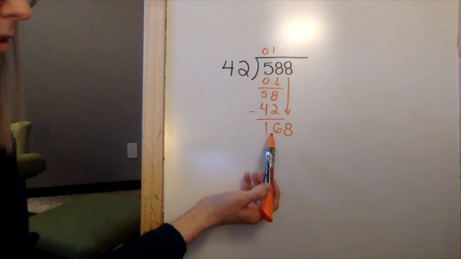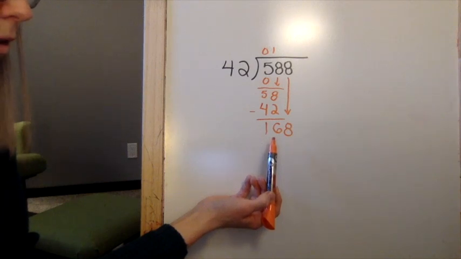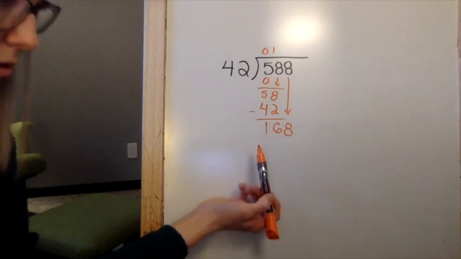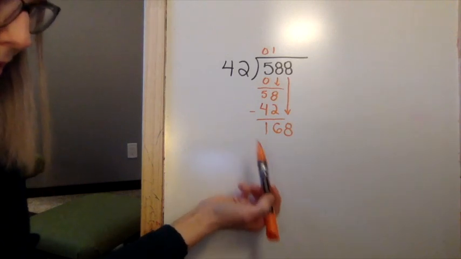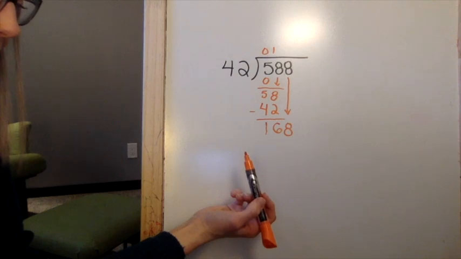So how many 4s go into 16? Think about it. Right, because again, we're estimating, you're going to get about 4 groups of 42.